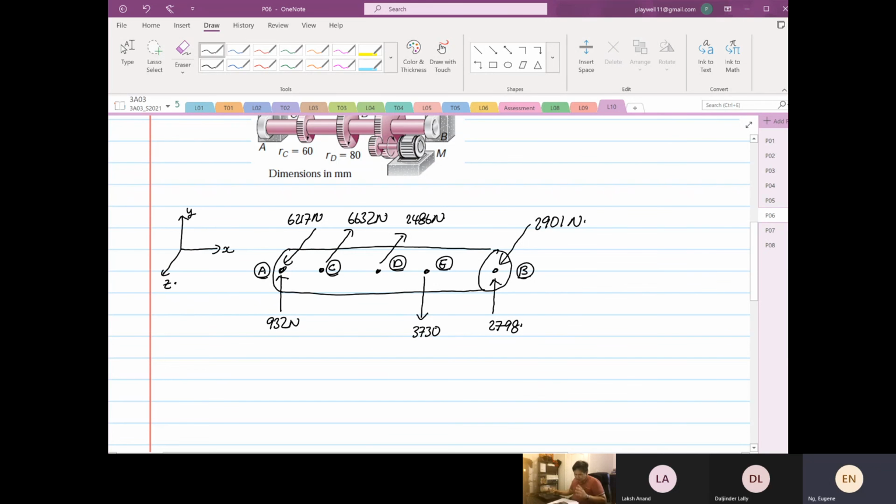So all our forces are here, and now we can calculate our moment.